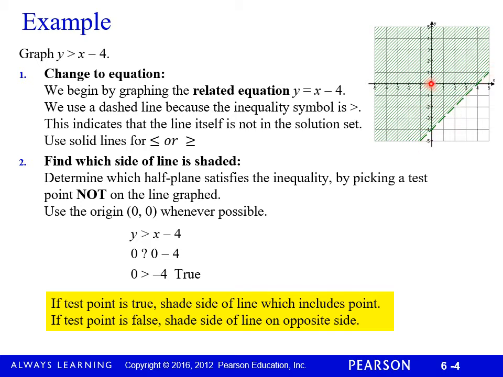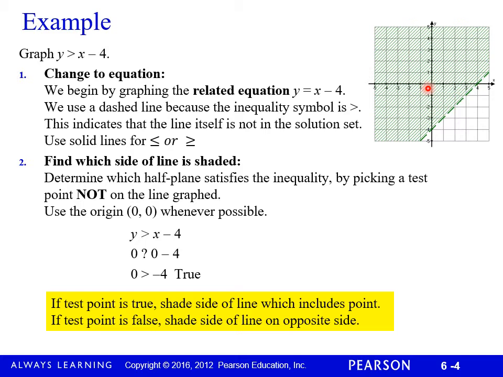We can see that the origin, where my pointer is right now, was not on the line. When we plugged those values into the original inequality, it was a true statement. So we're going to shade the side that includes the point, which you can see here is everything above the line. Everything above the line.